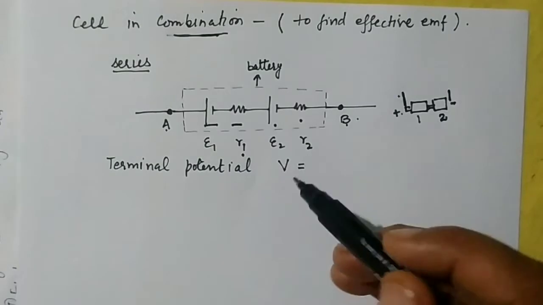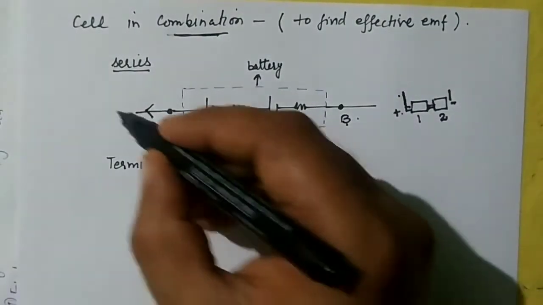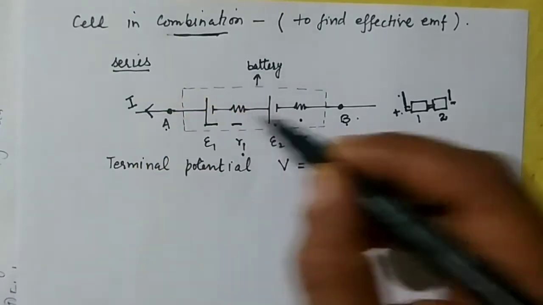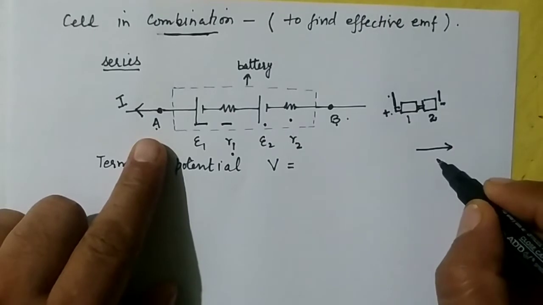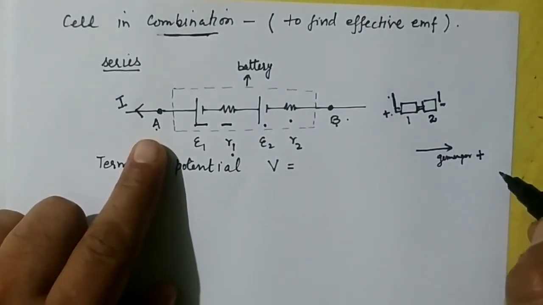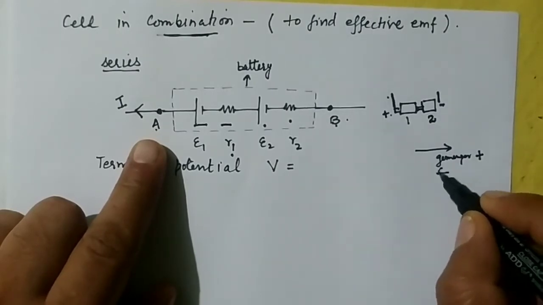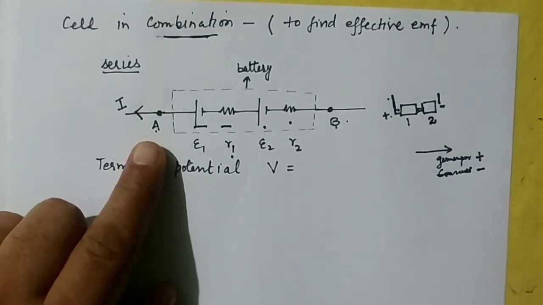Suppose the circuit is closed and the direction of current is along this direction, and it is given by I. Moving in an electrical circuit, if there is any generation of potential, it is taken as positive. When there is a consumption of potential, it is negative.